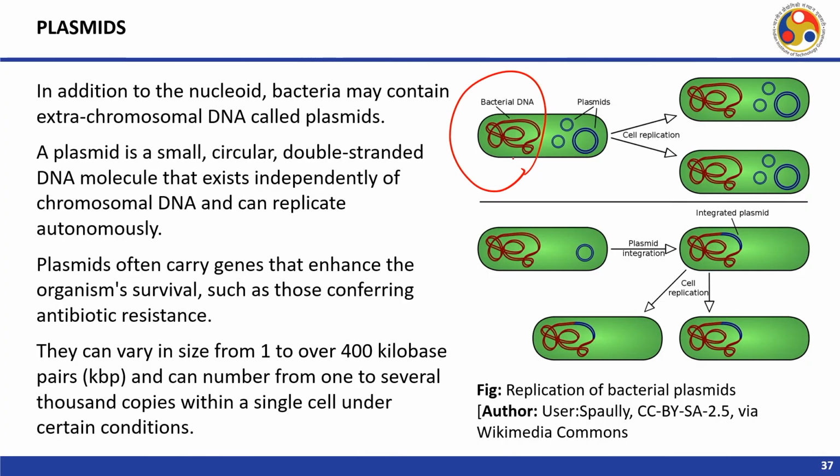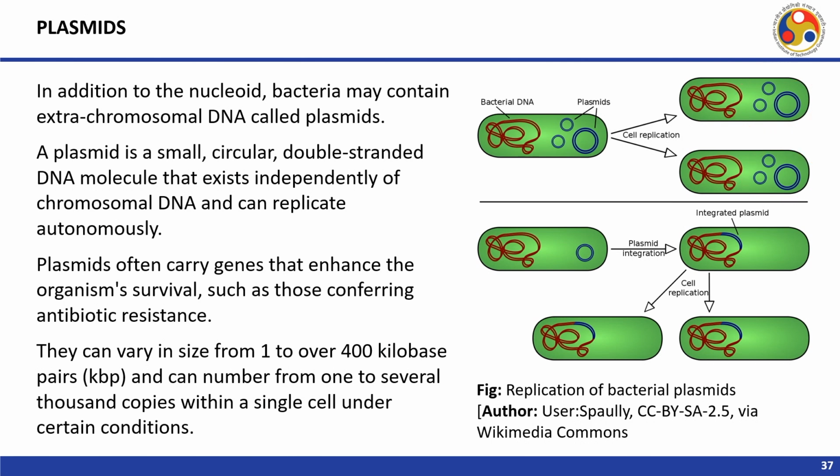Plasmids often carry genes that enhance the organism's survival, such as those conferring antibiotic resistance. Here you can see the main bacterial DNA, and these are the extrachromosomal DNA known as plasmids. When a cell divides into two daughter cells, the main DNA is divided among the two daughter cells, and the plasmid DNA also undergoes replication and is divided into the two daughter cells.